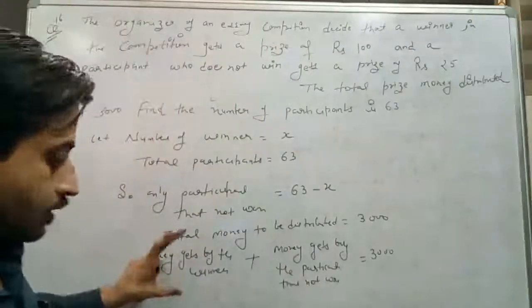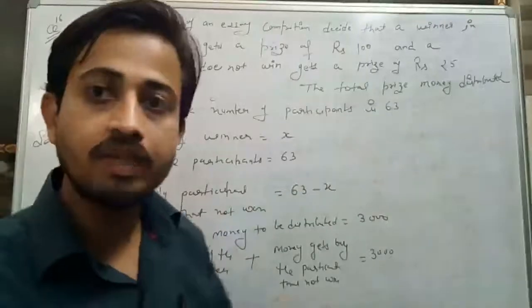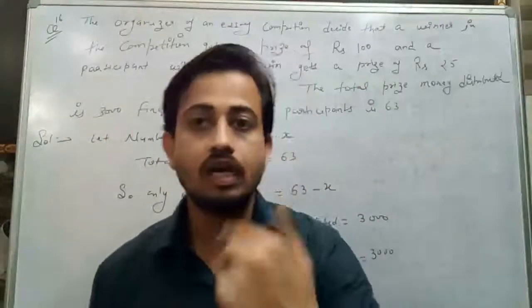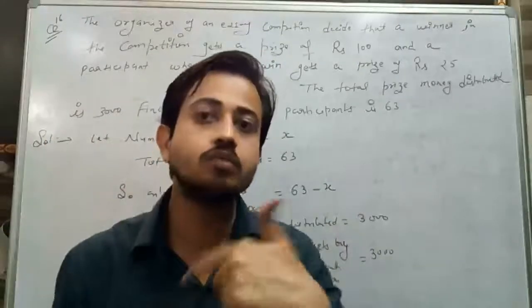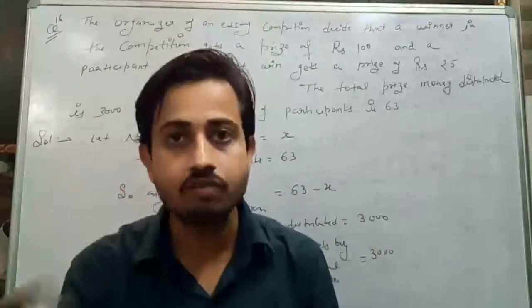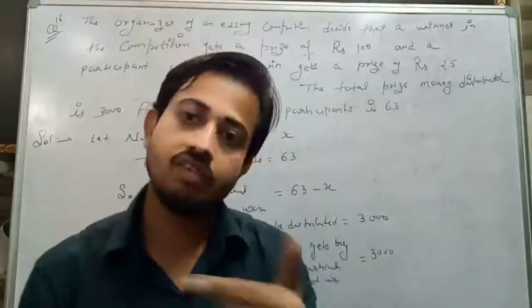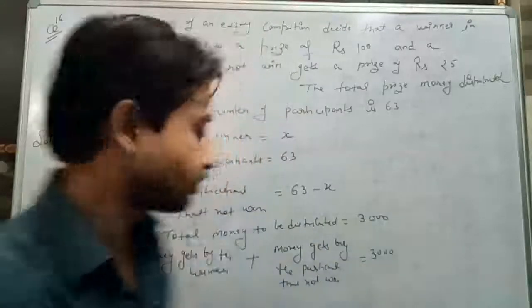So we know the number of winners, how do we calculate the money distributed? If we have to distribute 100 rupees for a winner and the number of winners is 5, then the total money distribution is 5 into 100, which is equal to 500. We have to do the same here.